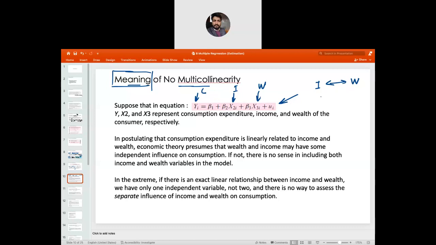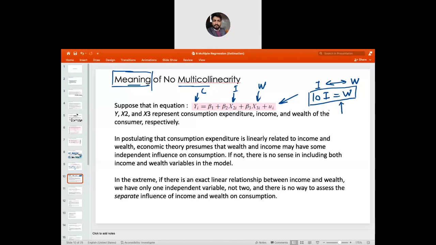And if you can say that if you know the income, you can multiply income by 10, 10 times income is equal to wealth, for all individuals in the population, that multiply the income of the person by 10 and you will get the wealth of that person, right? If you can say this, it means income and wealth are perfectly linearly related, right? So this is a perfect relationship.